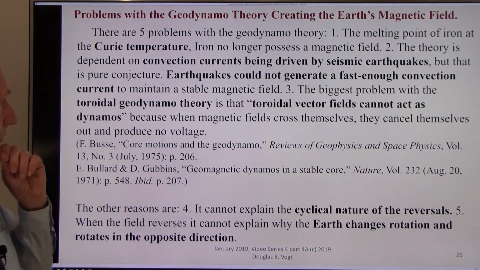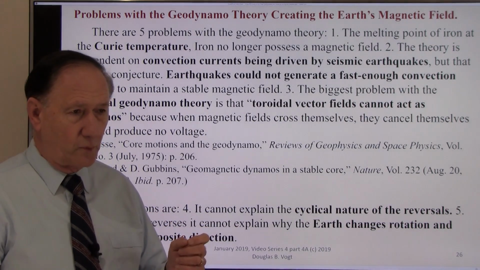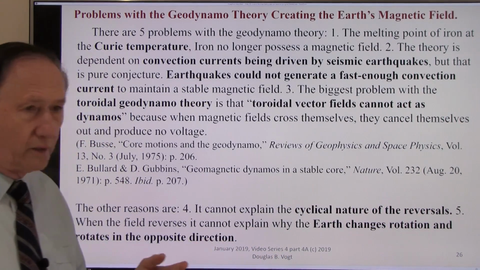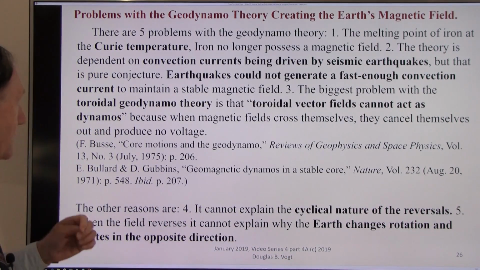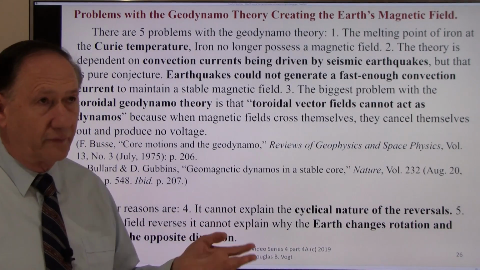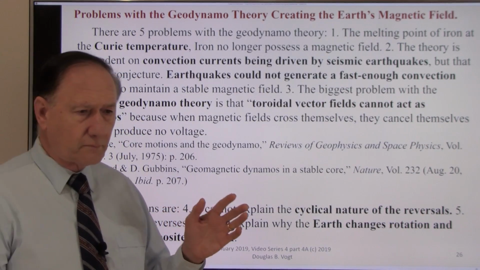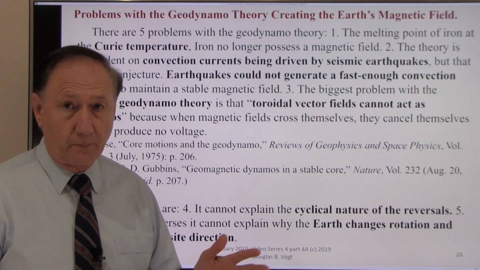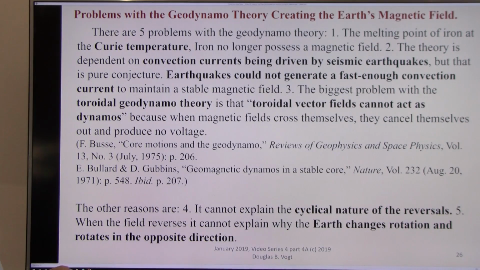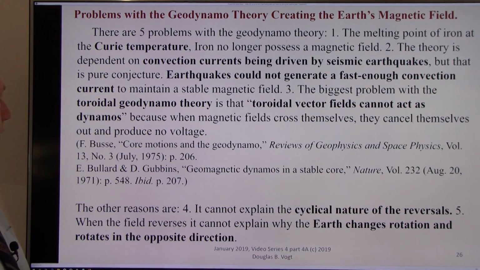Okay, there's 5 problems of geodynamo. Like I think I mentioned, I had already spoken to Professor Busi at UCLA when I was living in LA at the time. And he knew a few of the weaknesses, but these are the main ones. 1, the melting point of iron is the Curie temperature, which is between 950 to about 1050. Above that, it loses its magnetic properties, period, because the molecules are moving around too much. 2, the theory depended on convection currents driven by seismic earthquakes, but that is pure conjecture.